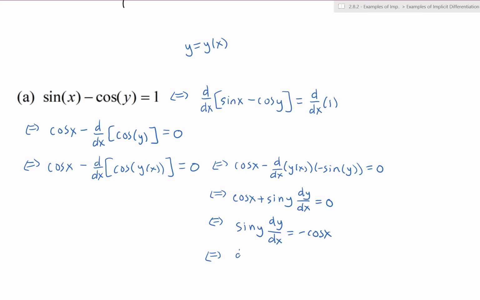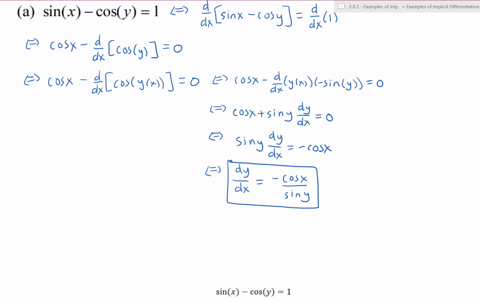We get dy/dx equals negative cosine of x over sine of y. And there you have it. We found dy/dx for the equation sine of x minus cosine of y equals 1 by using the process of implicit differentiation.